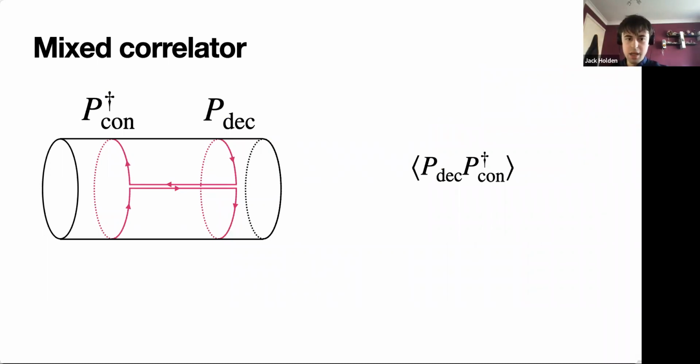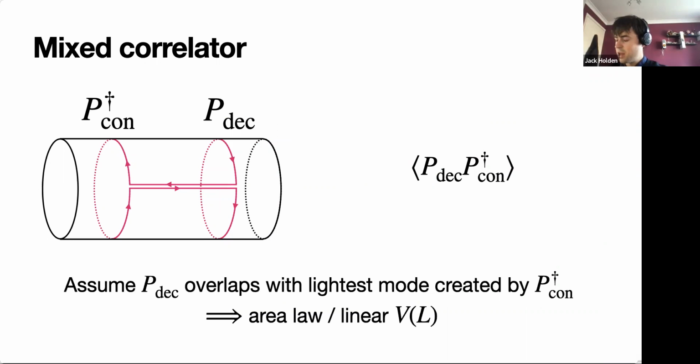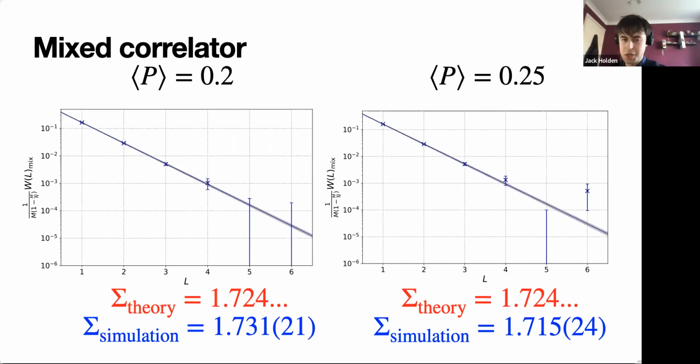A natural question is, maybe, what about the mixed correlator? We have an argument where we state that if we assume that the state destroyed by P-dec overlaps at all with the lightest mode created by P-con, which will happen in general, then again we should expect the area law, or the potential to be linear again in the separation.